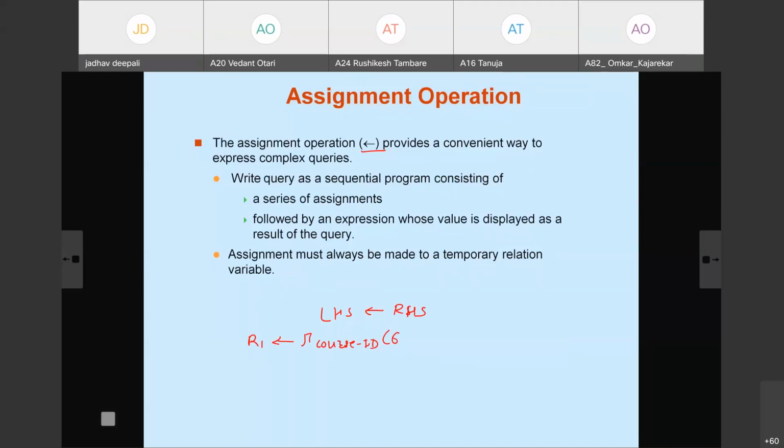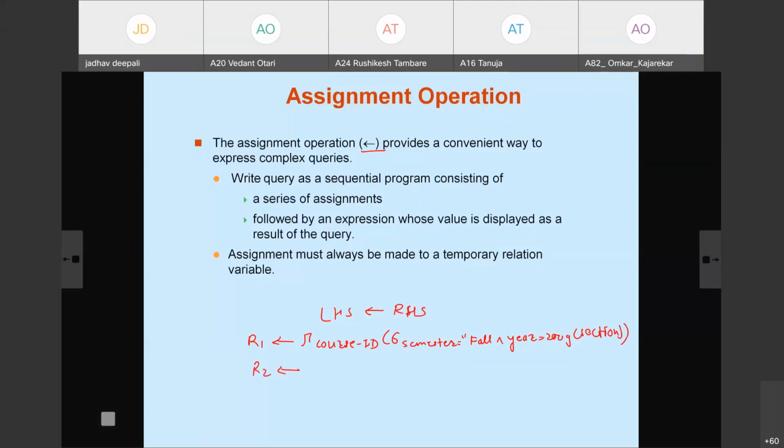Select from section those in semester fall and year 2009 from section. And I use R2 as a temporary assignment.